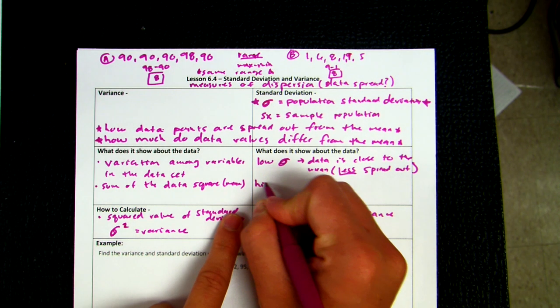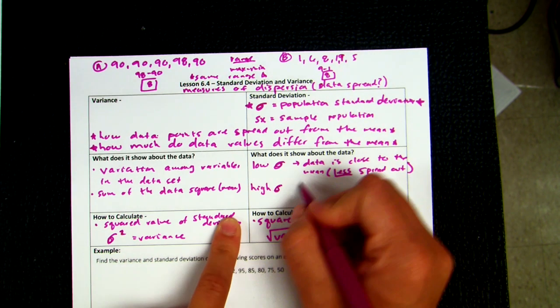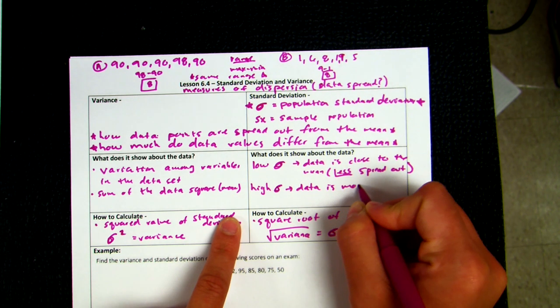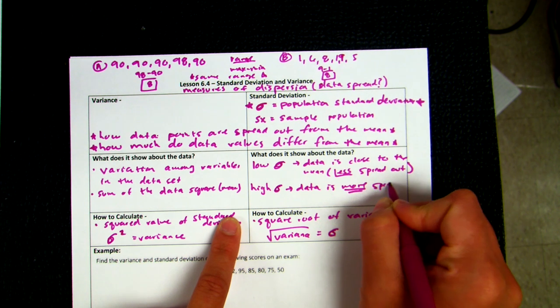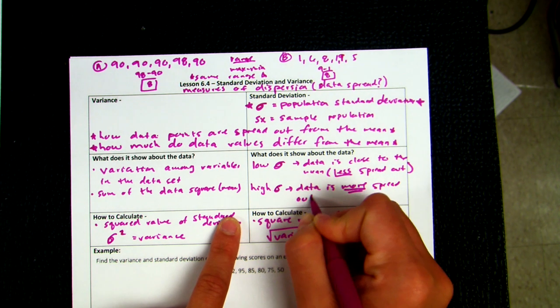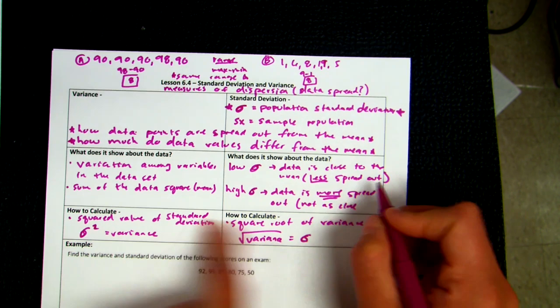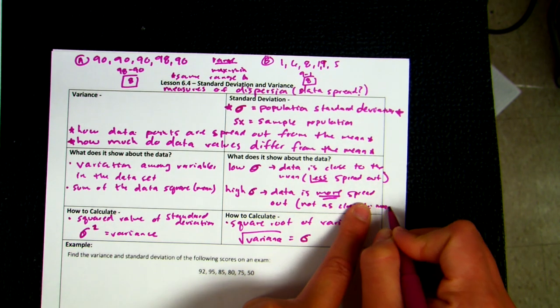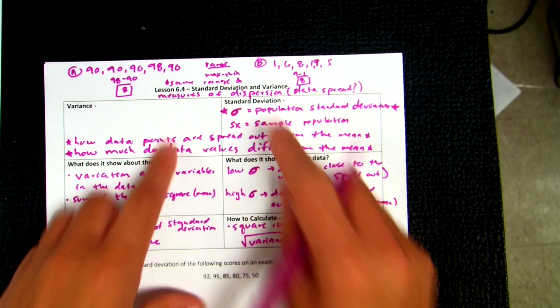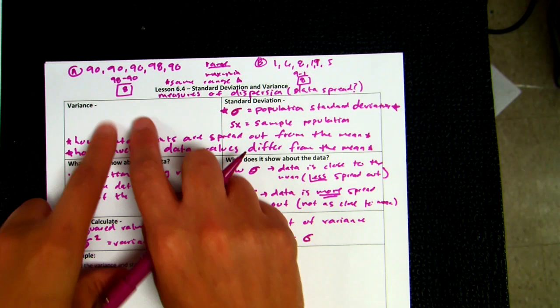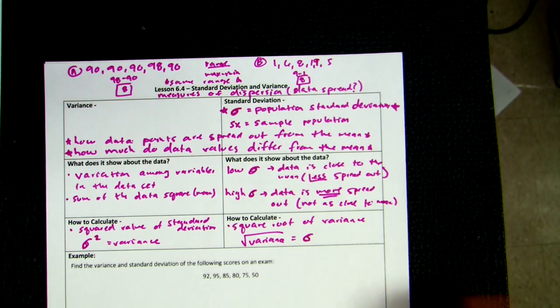A high standard deviation means the data is more spread out. It is not as close to the mean. So this lets us compare data values to data values within a data set, not just the difference between the maximum and the minimum.